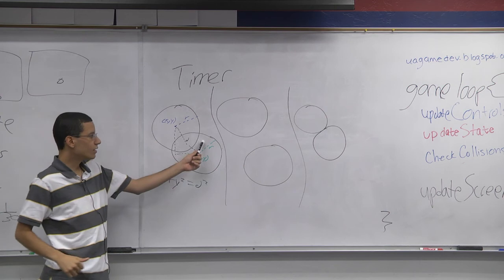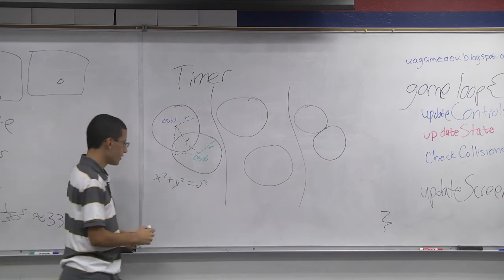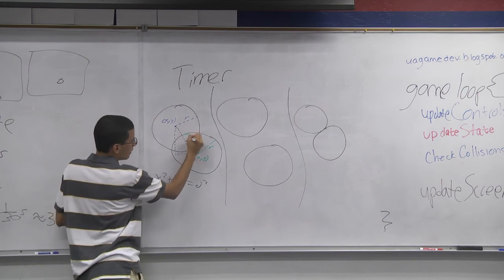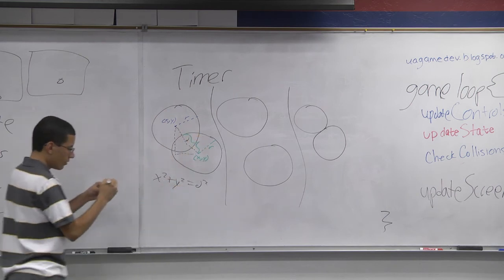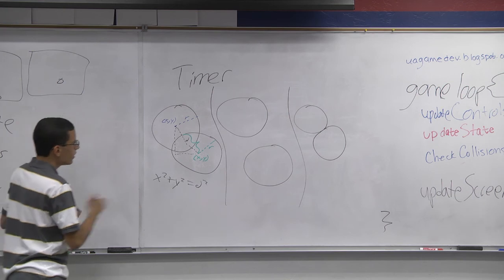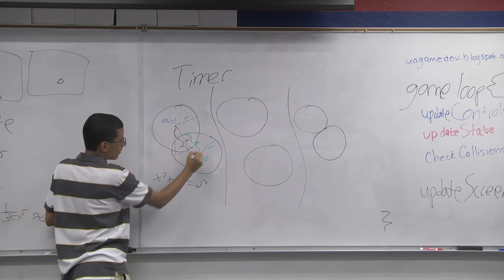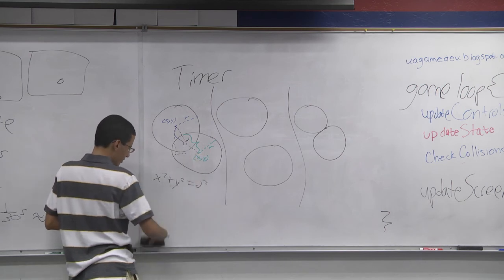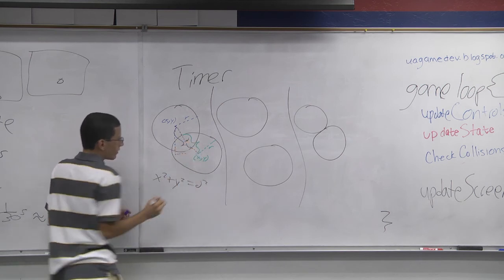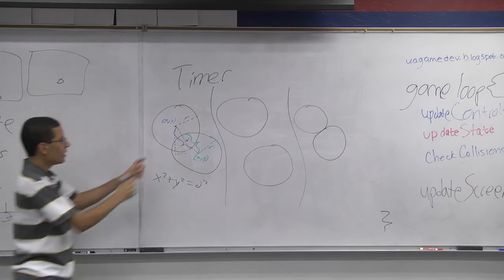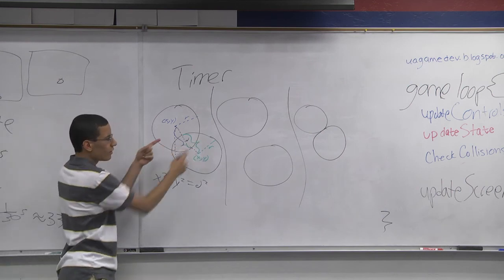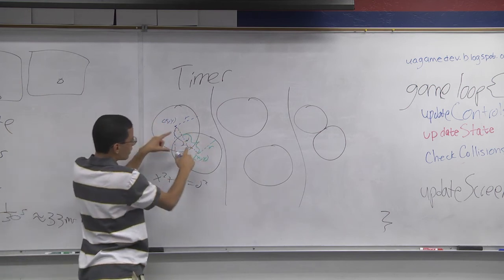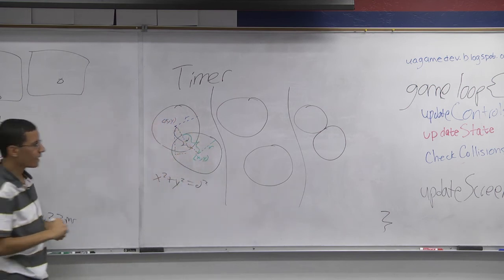And one thing that you can notice while looking at this problem is that this distance is the radius of the green circle, plus this distance, whoops, that's not the radius of the blue circle. This is the radius of the blue circle. That distance, if we add the radius of one circle and the radius of the other circle, if the summation is bigger than the distance between the points, then they're colliding.